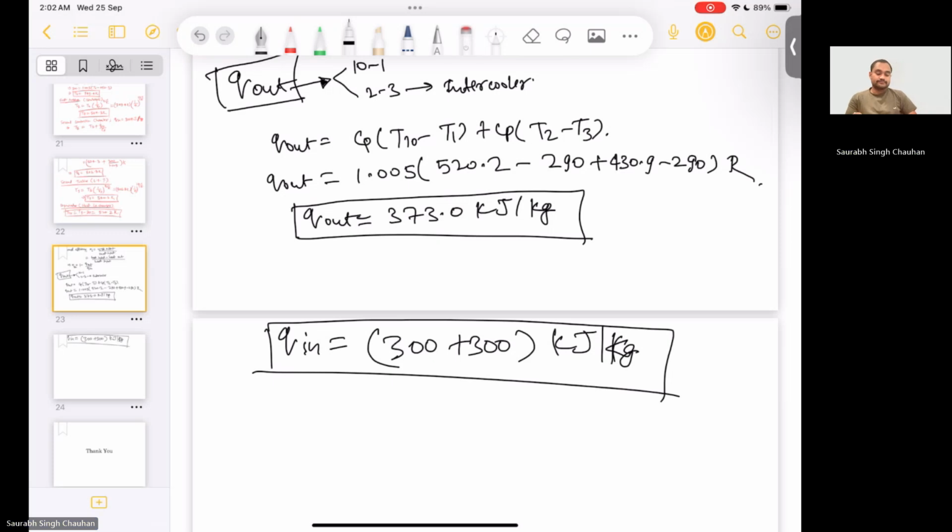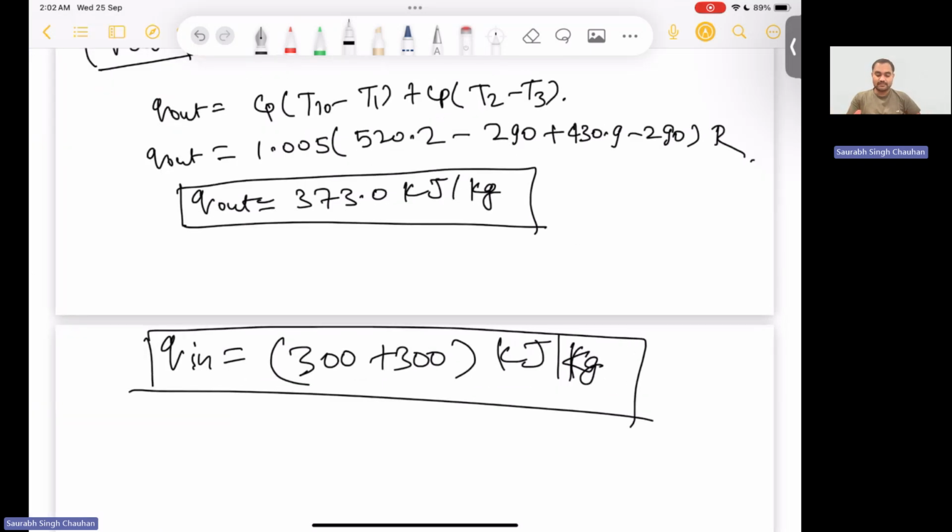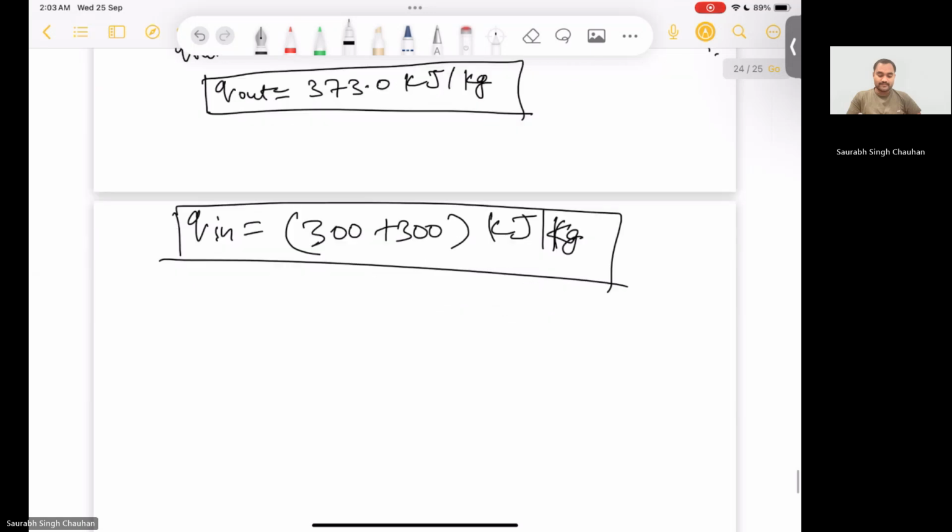And there was one more way we could have found out the net work output. For calculating the net work output, you would have to add the work output from both turbines, then subtract the work input to both compressors. That would have been a little more involved, but that was also one way.